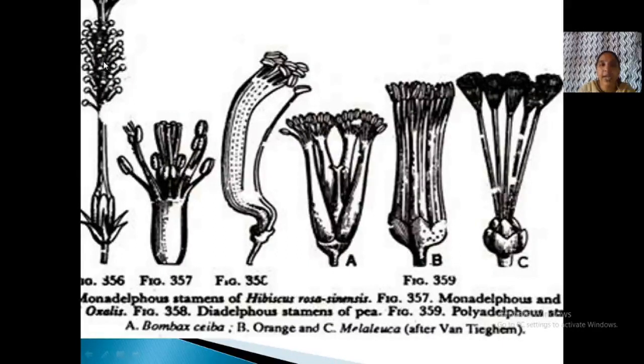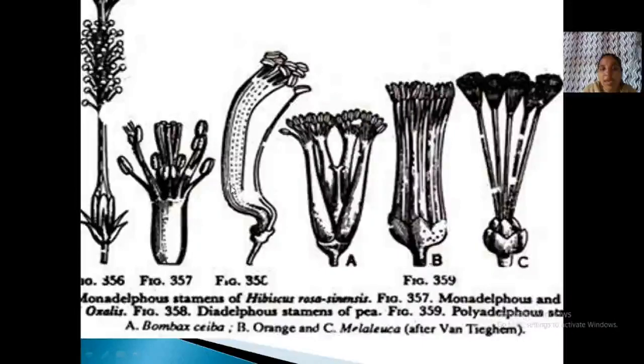This is the monadelphous condition you observe in hibiscus. See here, this is the staminal tube formed and these are the anthers. All the filaments fused to form a single tube. This is another monadelphi condition. Here also single bundle. You can see here a vessel-like structure, filaments fused. This is the diadelphi.